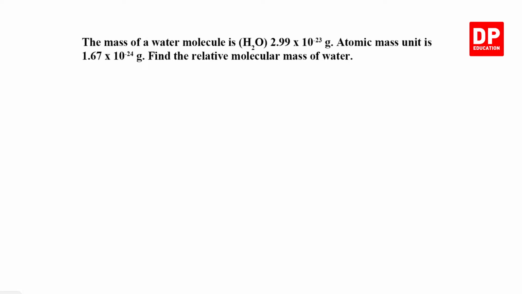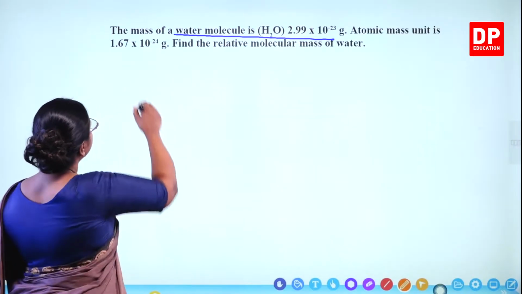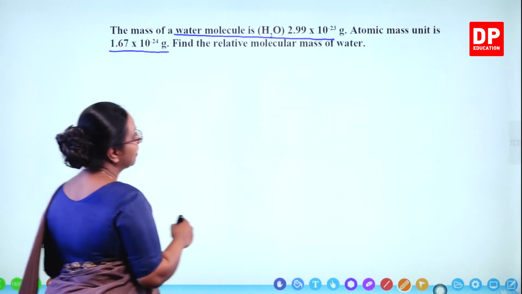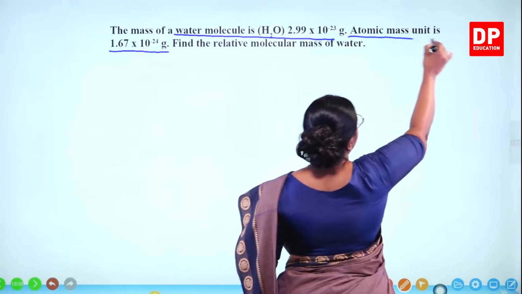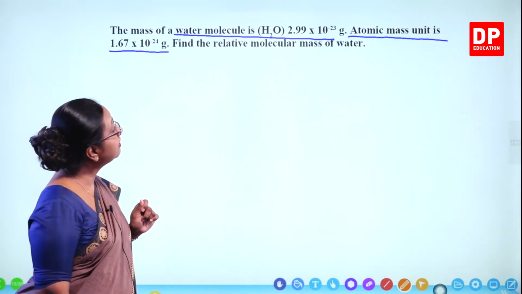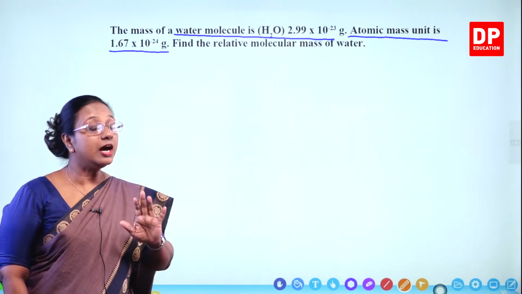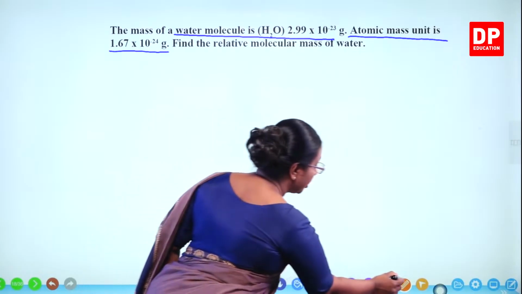Mass of water molecule is this, 2.99 into 10 to the minus 23 grams. Atomic mass unit is 1.67 into 10 to the minus 24. You know this method as well. Find the relative molecular mass of water. So here, how do we write the equation?